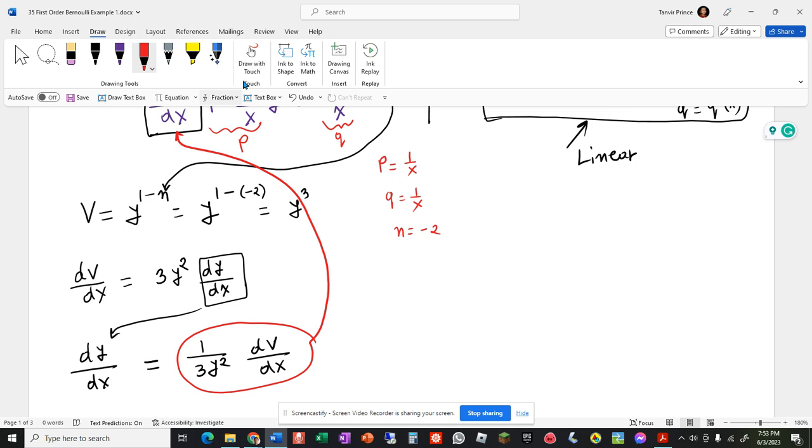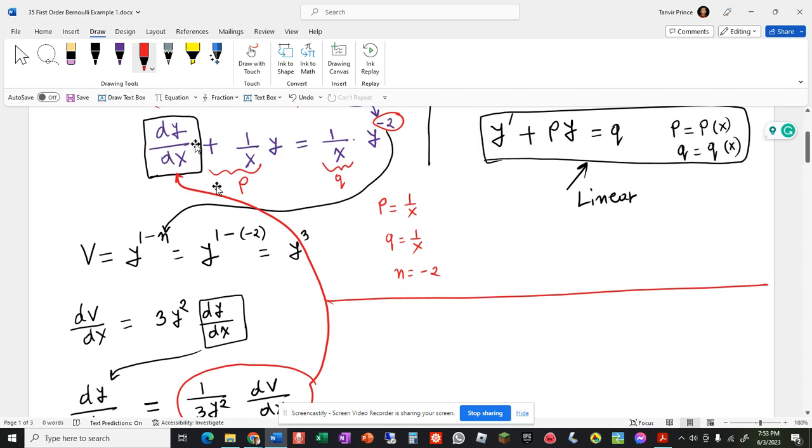So let's do that. I'm going to copy this here. So I start with dy dx, but my dy dx is this here down here: 1 over 3y squared times dv dx. And I'm going to copy everything else for a moment.